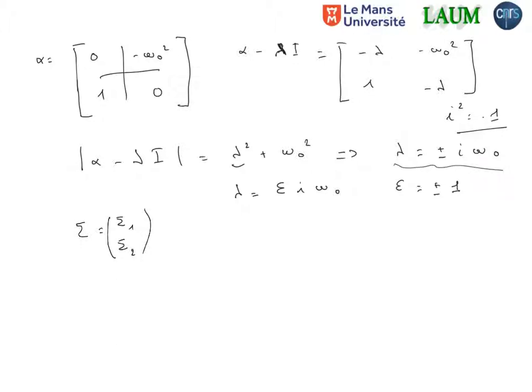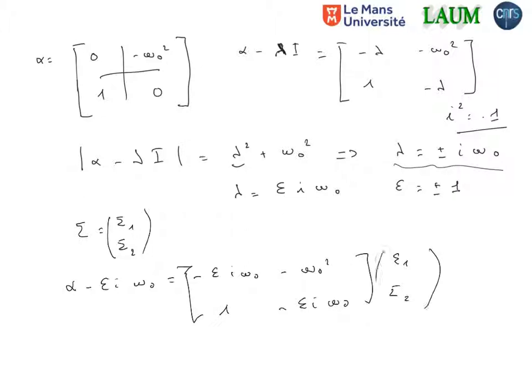We will find that alpha minus epsilon I omega 0 is equal to the matrix minus epsilon I omega 0, minus omega 0 square, 1 and minus epsilon I omega 0, multiplied by sigma 1, sigma 2. We can find that these two equations are exactly the same. We just need to multiply the second one by minus epsilon I omega 0, and we obtain the first one.